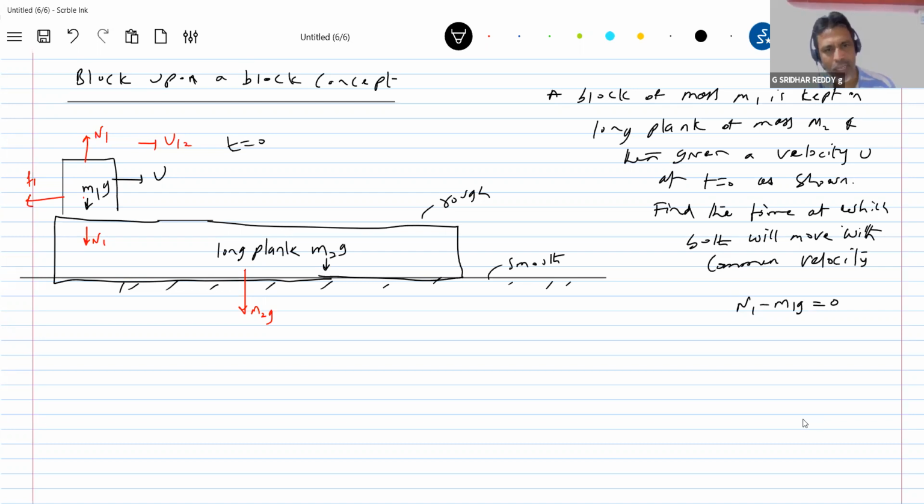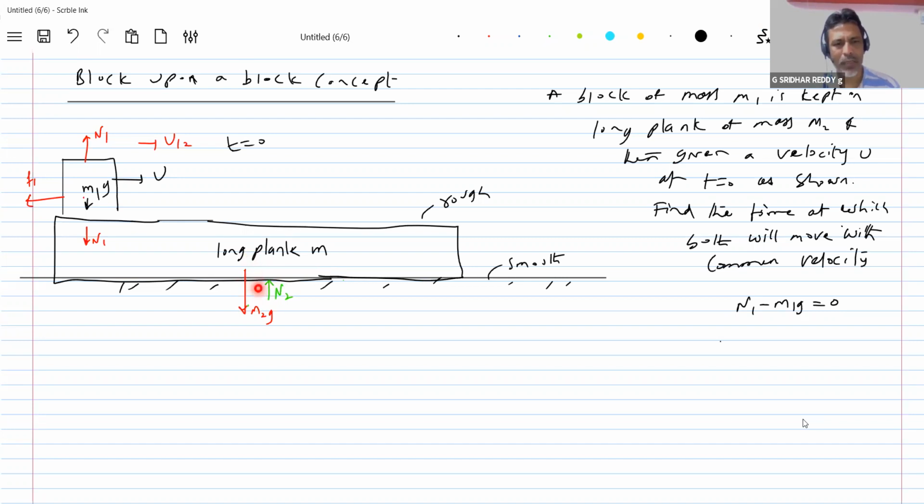Look at the plank. There will be a normal reaction by the surface. Actually, N2 and M2G should act along the same line of action. To give some clarity to the diagram, I'm just shifting N2. Got it? So N2 and M2G should be along the same line of action.